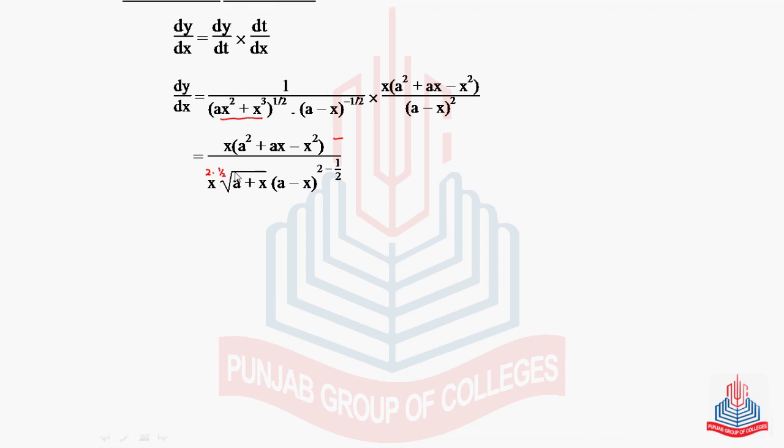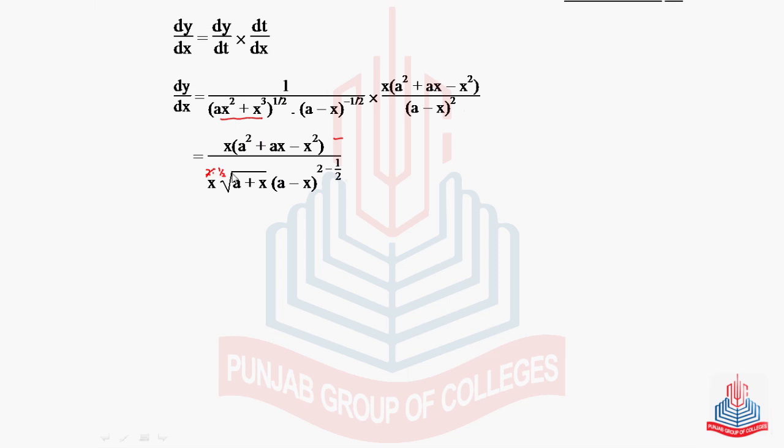So we have only in power 1 by 2 or in square root a. This x square is the common thing, so that is actually come out from this power 1 by 2. We have only a plus, and from here x cube will become x by taking common x square, and here we have a minus x, and this a minus x is actually the same base, so we can join these two powers 2 minus 1 by 2.